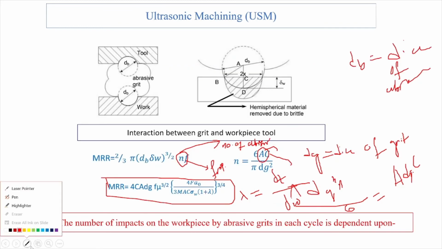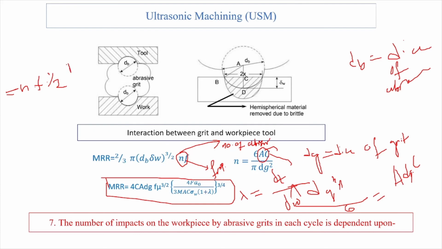I'll write it here. The total force we can measure as N, the number of abrasives, into half of F max into tau. F max is the maximum indentation force per abrasive. You have to remember that F max is provided as the maximum indentation force per abrasive.